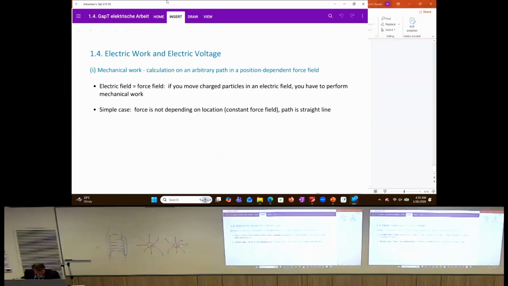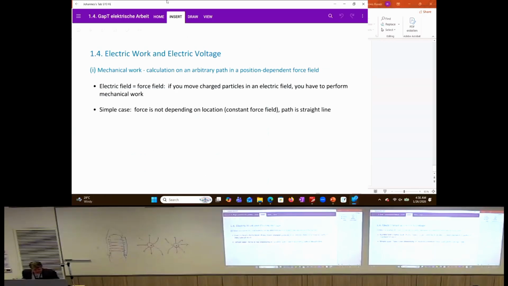But as soon as you have to exert force, then you have to bring in the work. So an electric field is a force field, and if you move some charged particles in it, you have to perform mechanical work.